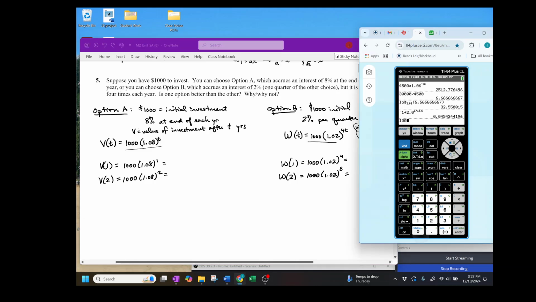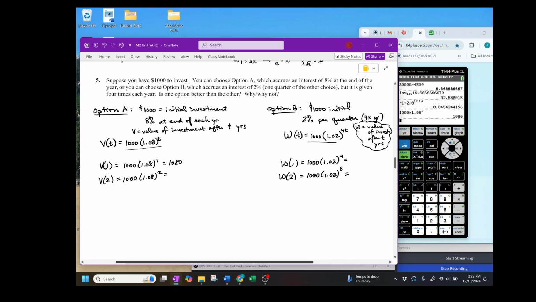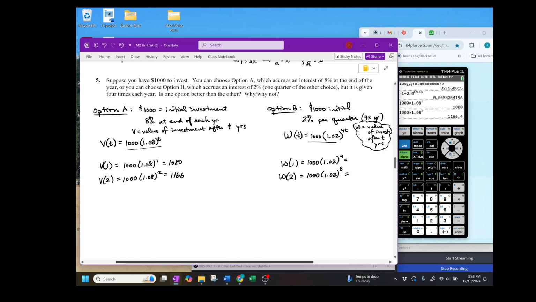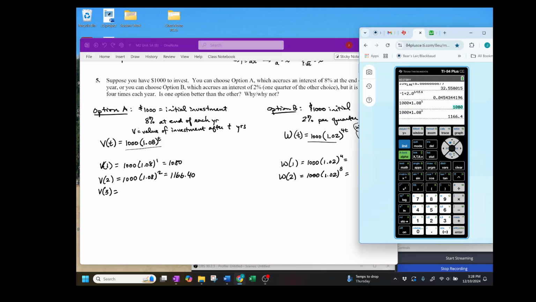So if I had 1,000 times 1.08 to the first, that's 1080. And then if I did it to the second instead, that'll be 1166.40 because we're talking dollars again, or money. If we did one more, let's go cubed.